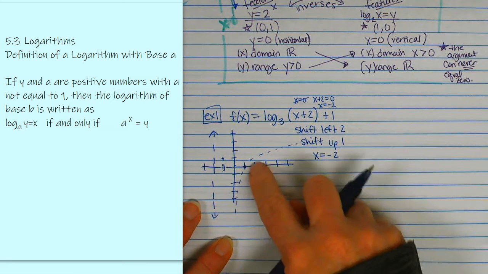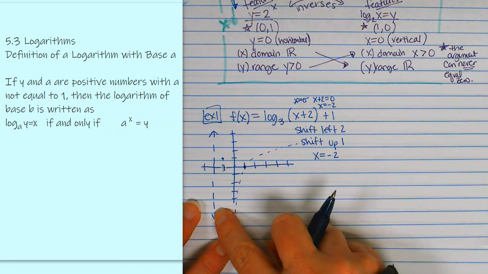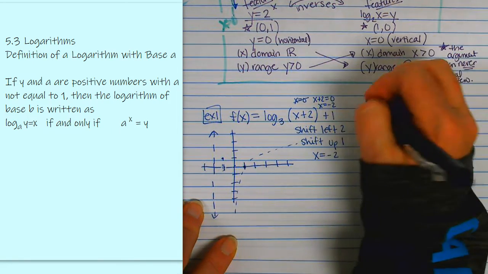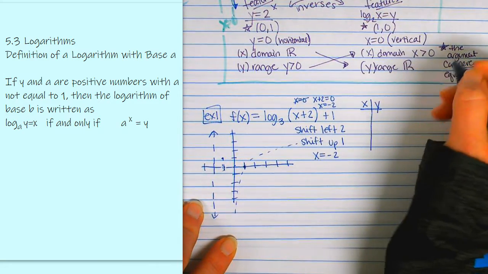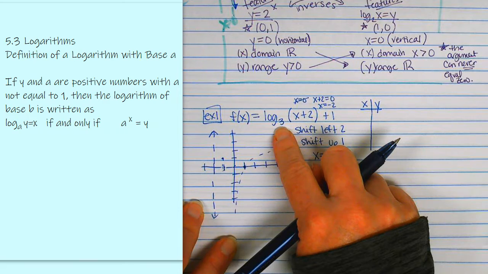So this part of the dotted line is going to come up to this actual asymptote here. Now, I need to figure out how to do an XY chart, and that's the trickiest part of logarithms, because this argument needs to be something of base 3.